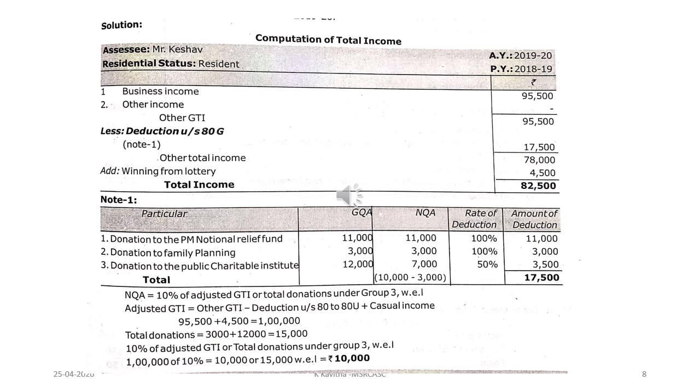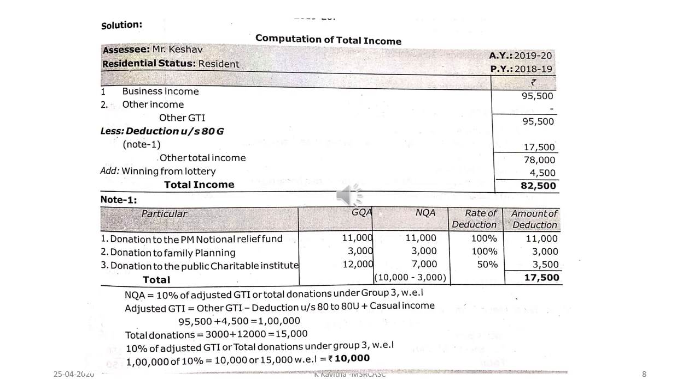Look at working note 1. Prime Minister's National Relief Fund is eligible for 100% deductions. So 100% of 11,000 will be the qualifying amount. Donation to family planning will come under 80G C group donations 100%. And public charitable institutes will come under Group C 50% deductions.